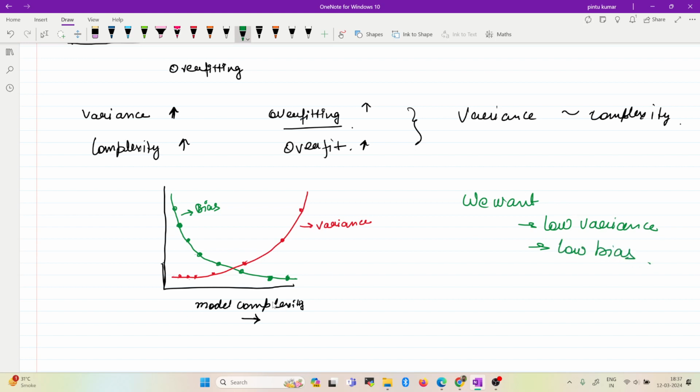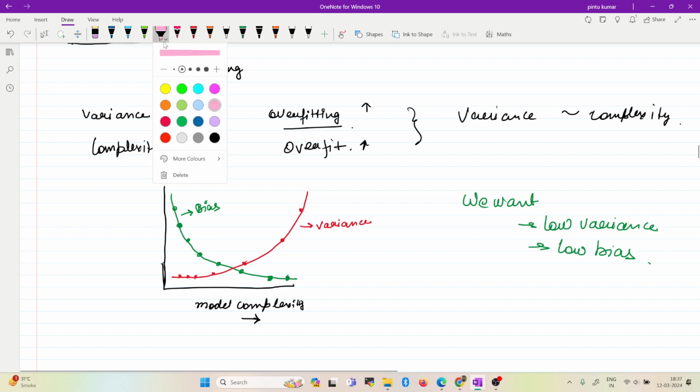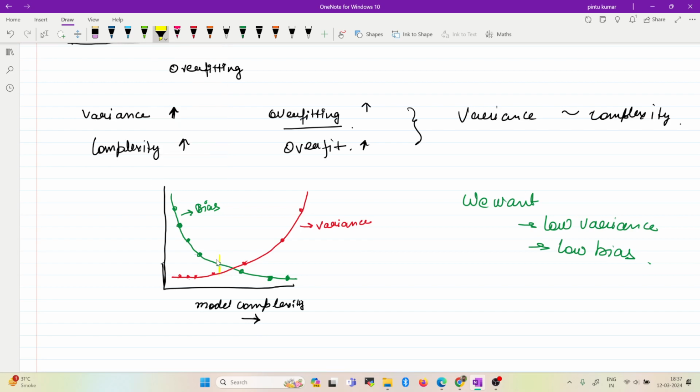But if we look at this figure, there is no possibility that we can get both of these things together. So we have to settle at something in between, where you have small variance and small bias, not the minimum bias and not the minimum variance, but something in between. So we should try to pick a model in this region.